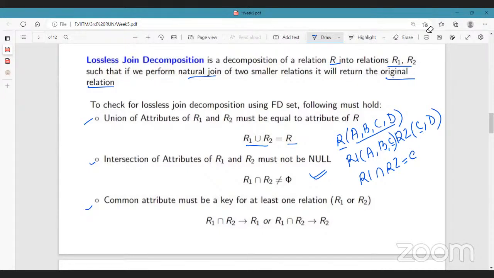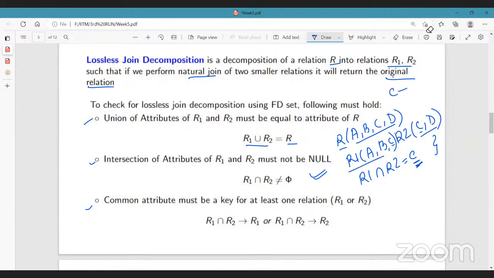Then the last rule is that the common attribute must be a key for at least one relation. So from this example, the common attribute was C, right? So the last rule states that C should be a super key in at least one of the relations, either in R1 or in R2.